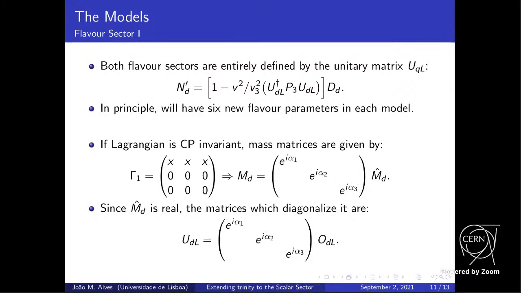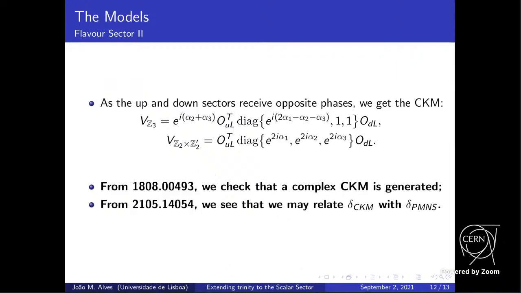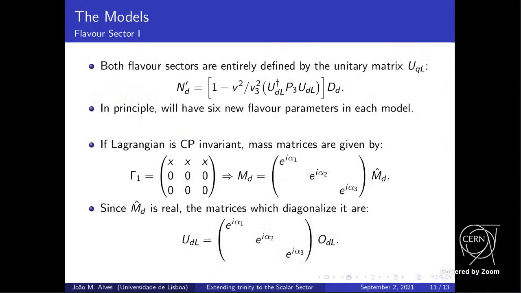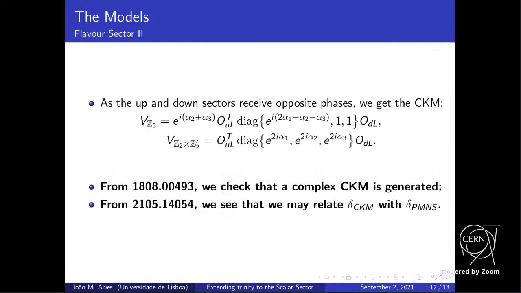And because the scalars contribute in this way, your down quark mass matrix is going to be given by this expression right here, where we have the phases to the left. And this is quite important because it means that the UD left is going to be given by this expression, which in turn means that CKM is given by this thing right here.